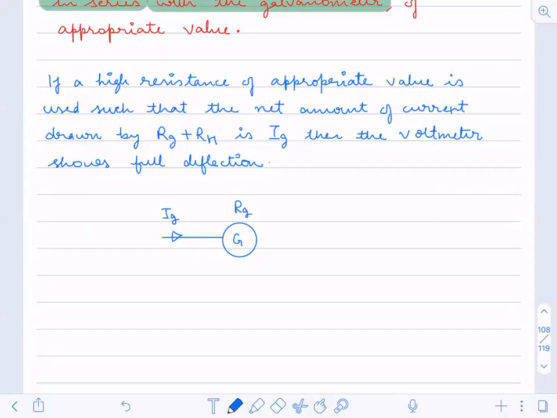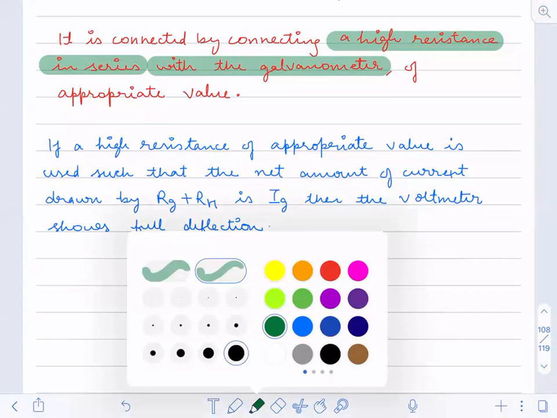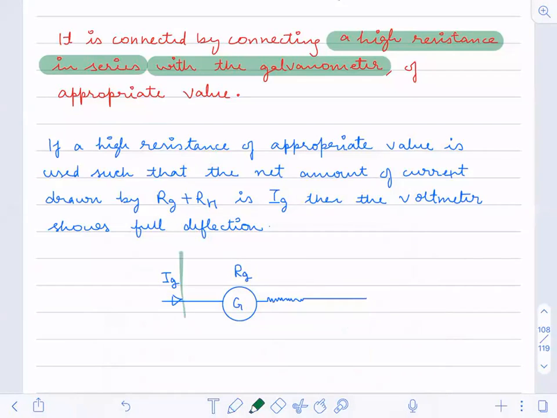Now we are saying that by connecting a high resistance in series, this galvanometer can be converted into a voltmeter. This complete setup, the galvanometer plus that high resistance RH, will act as a voltmeter now.